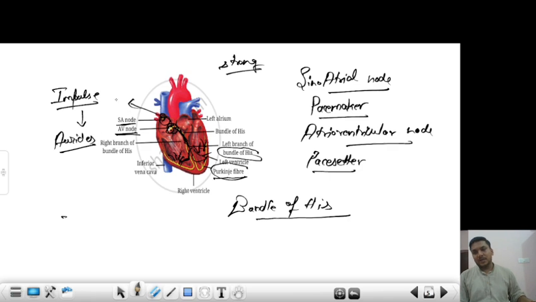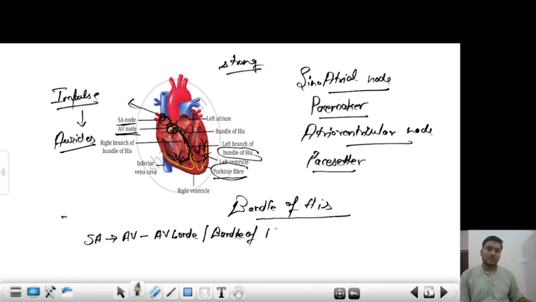So again, you can see the impulse is traveling from the SA node to the AV node, then the AV bundle, also known as the bundle of His, and then to the Purkinje fibers.